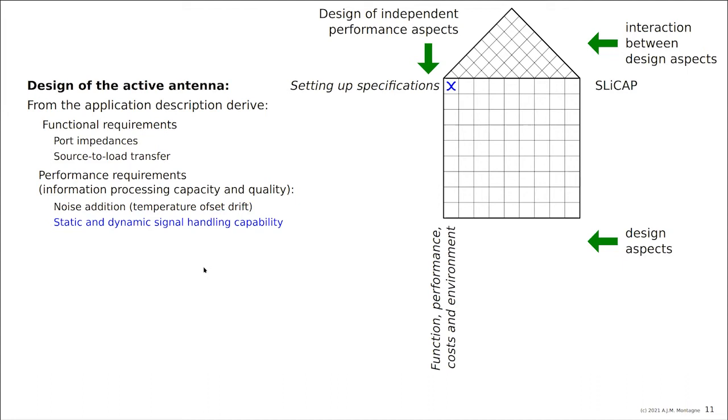The static and dynamic signal handling capability: how much voltage and how much current should be delivered to the load, that is what we should know. The inaccuracy, including all kinds of effects due to aging or temperature drift, related to the gain.